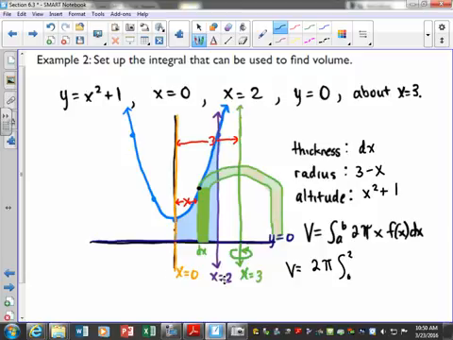Our radius, this x represents your radius, so what is our radius? 3 minus x, good. And what is our f of x? Our altitude or our height, x squared plus 1 dx. Now for this particular example, we were just asked to set it up. If we were to actually calculate this, we would multiply this out and then proceed with the fundamental theorem of calculus.